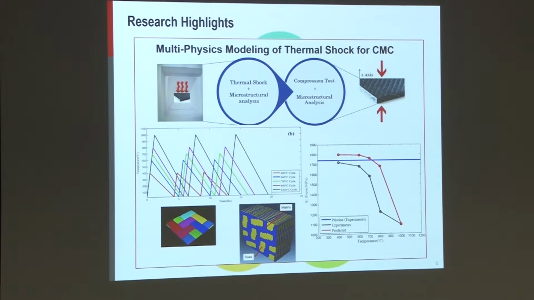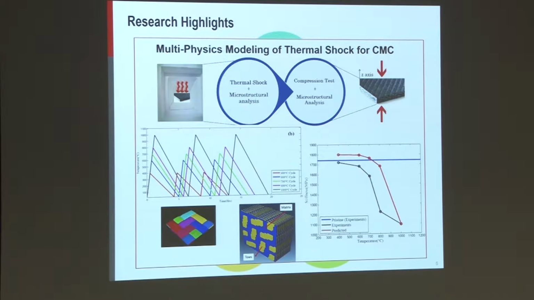So this is another one, in high thermal shock. Now, as I mentioned earlier, ceramic matrix composites are used for high temperature applications, and our goal in this work is to develop a multiphysics computational framework that can be used to predict the response of these ceramic matrix composites, in short CMCs, in particular carbon-carbon composites in an oxidizing environment.